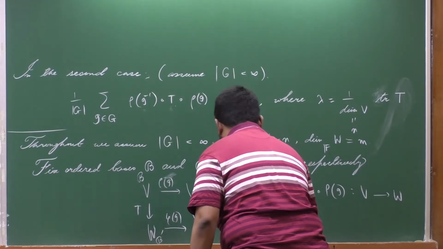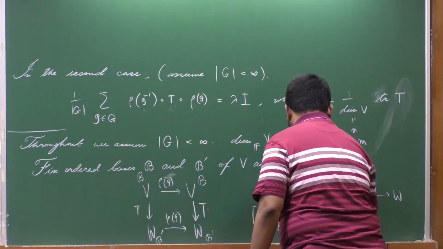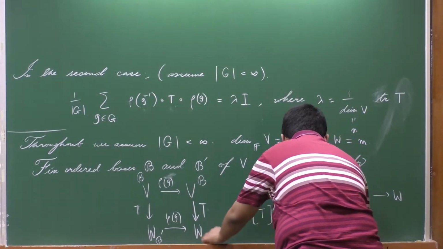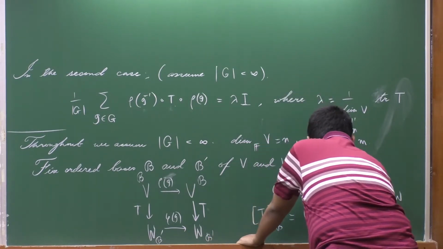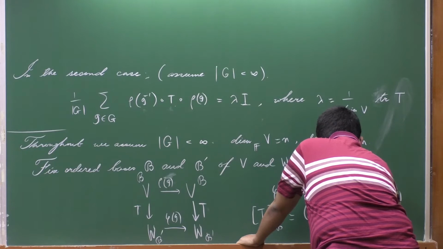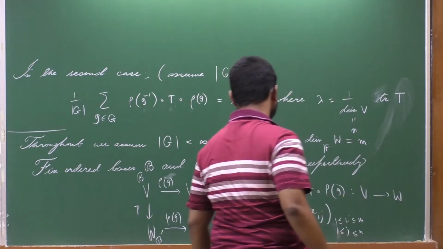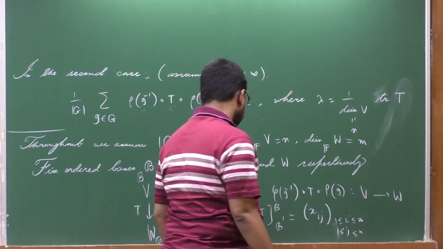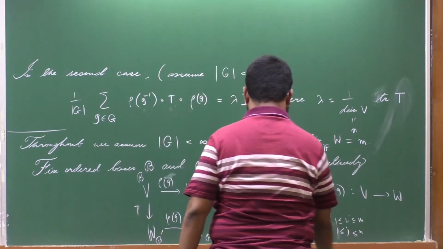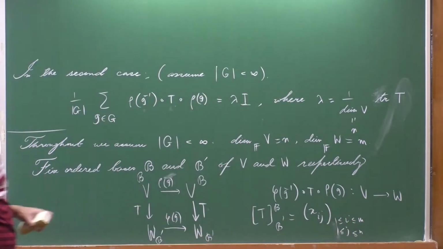T is from V, so we denote the matrix entries T_ij as expected, i from 1 up to n and j from 1 up to n. This is what we have. So let me first do it.